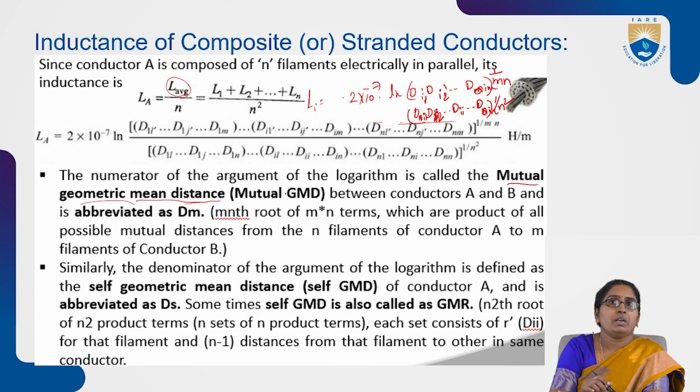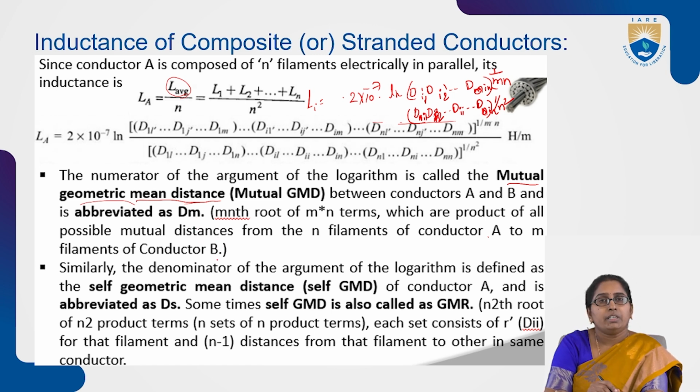Mutual GMD means between the conductors. So what are the conductors we have here? Conductor A and conductor B. And it is denoted with DM, D suffix M. Now, what is this DM? It is defined like this here.